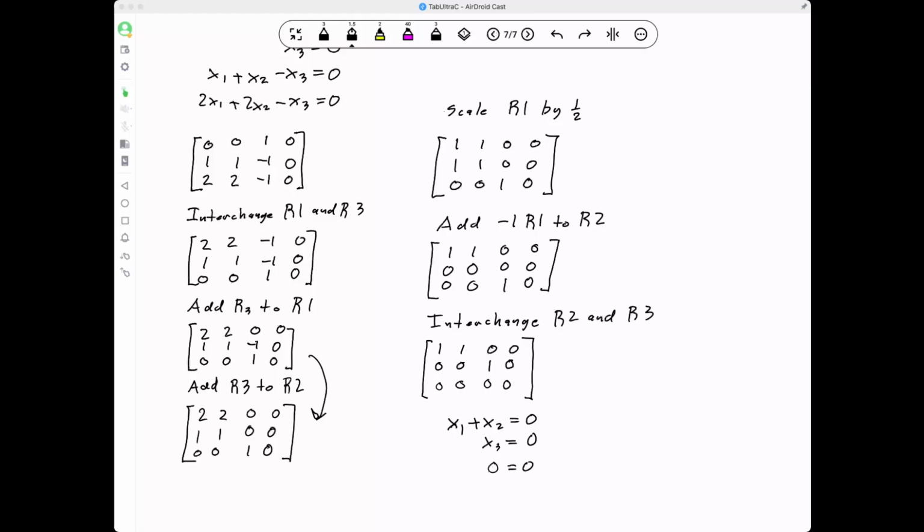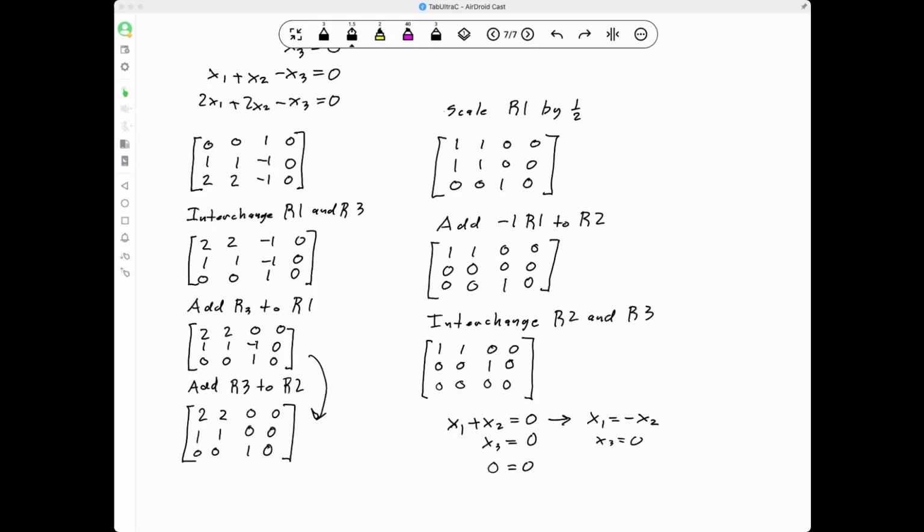So what I know is that solving this equation, I can say x1 is equal to negative x2, and x3 is equal to 0.